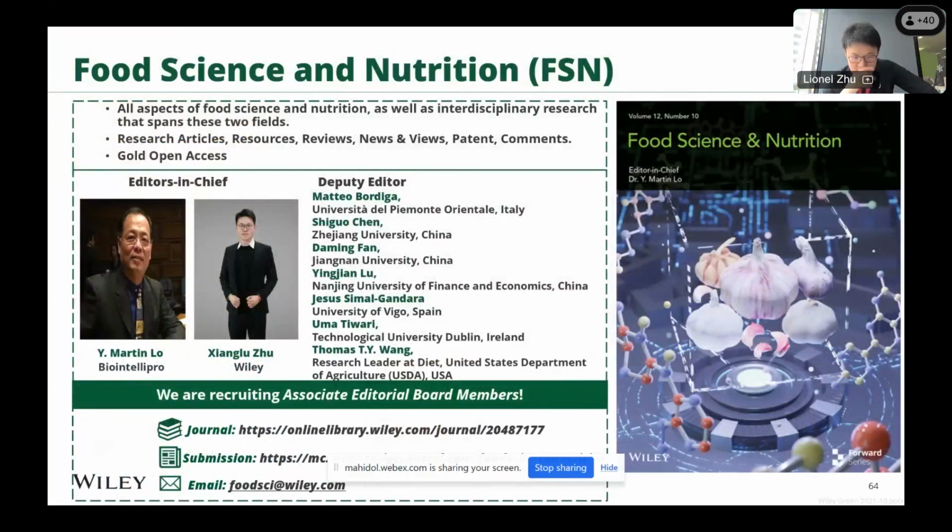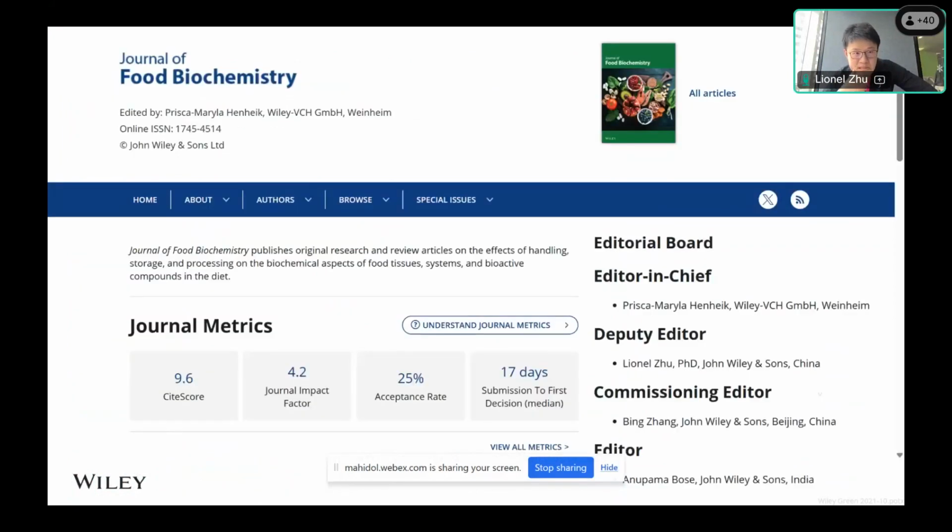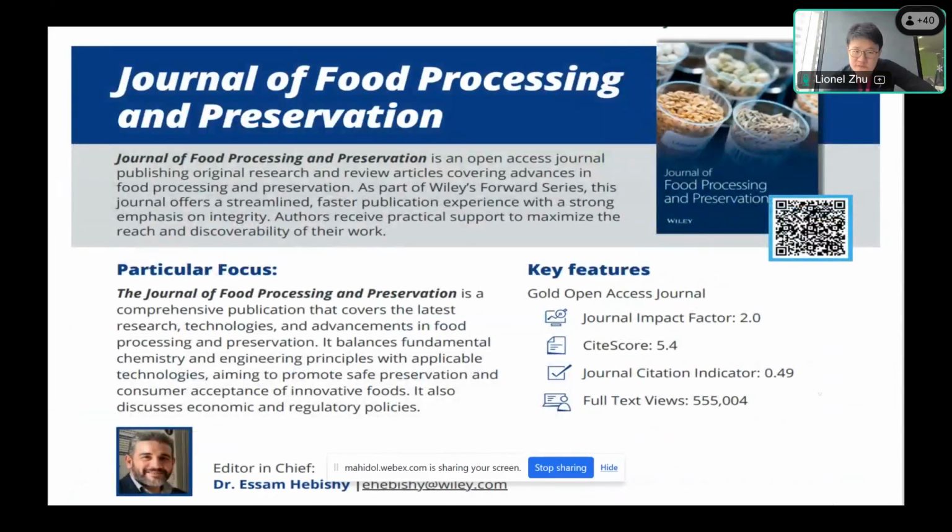Last year, in 2025, the updated impact factor is around 5, more or less, and it's in quartile 2. So you are very welcome to submit or participate in any editorial or even peer review experience with us. Also, the Journal of Food Biochemistry is one of the good options for you, and the Journal of Food Processing and Preservation as well.